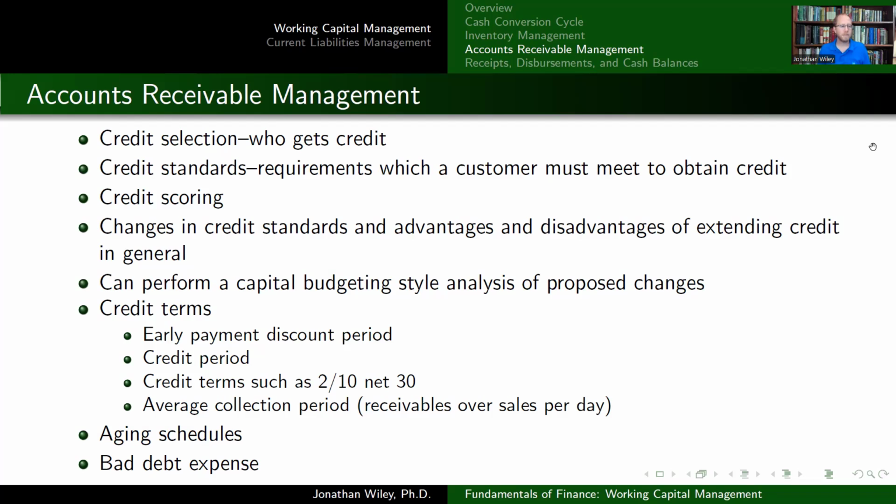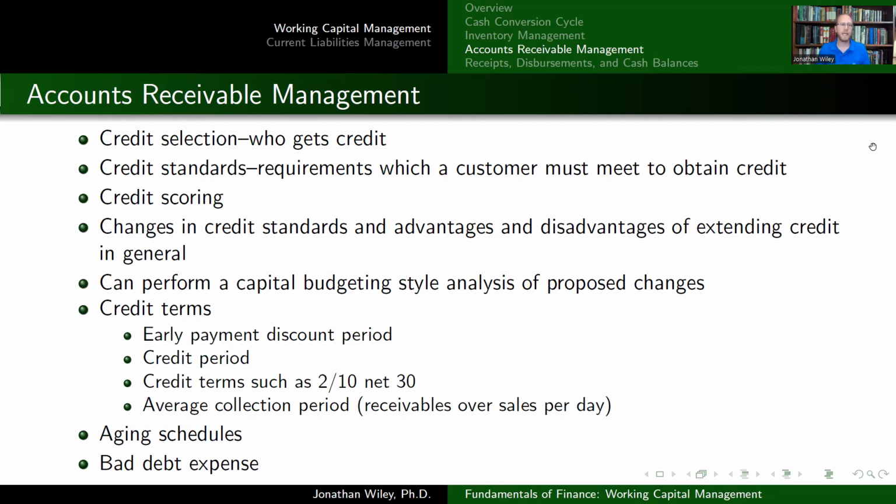Now, when you're looking at those credit terms, as you set those different credit terms, what you're really affecting is what that average collection period is going to look like for your business. If I give my customers 180 days to pay, well, guess what? Some of them are going to wait a whole bunch of days to pay, and my average collection period is going to go way, way up if I'd previously given them a lot less time. So when you're thinking about what kind of credit terms you're creating, that is ultimately going to affect things like that average collection period, which, if you go back to a prior video, would then lengthen the cash conversion cycle if I gave them more time to pay.